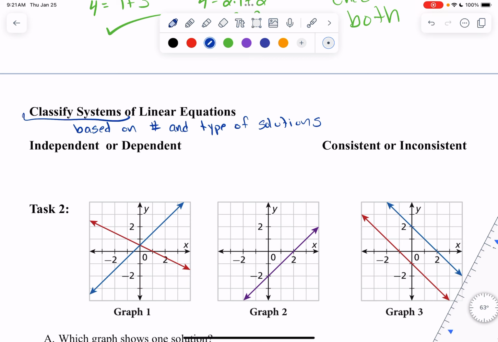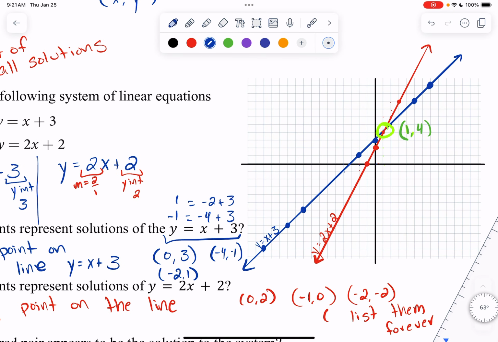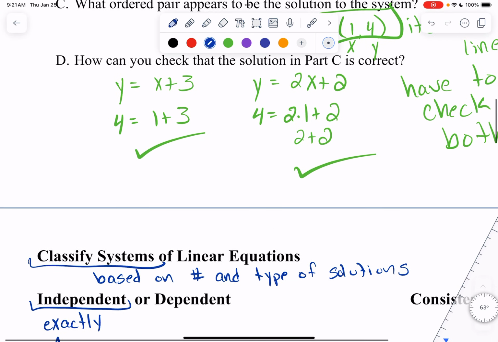The difference between these two: an independent system has exactly one solution, like this one we did up here. There was only one point that would work in both.